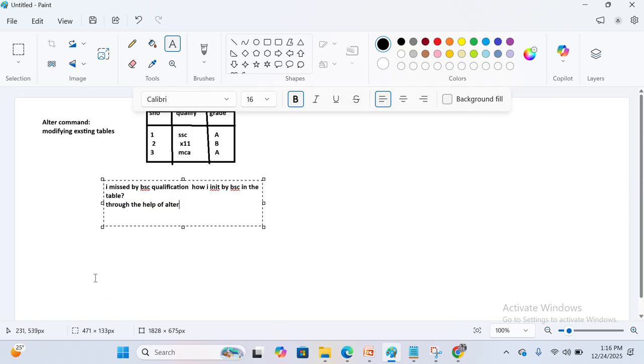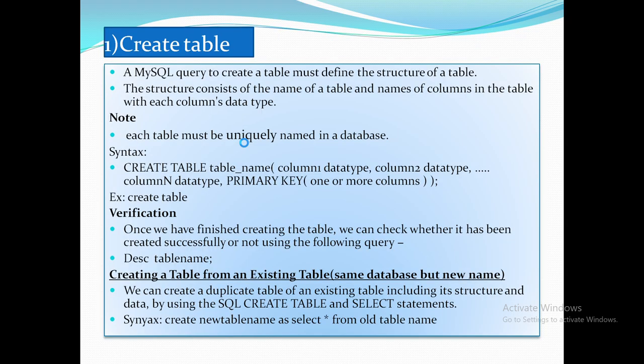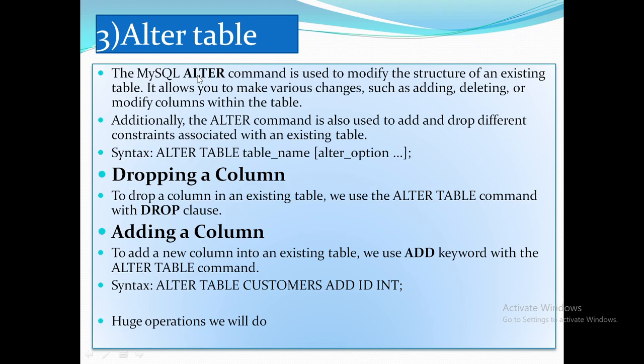This is the process of the alter table command. So I will explain with the tutorial presentation. Look here now. The MySQL alter command is used to modify the structure of an existing table.